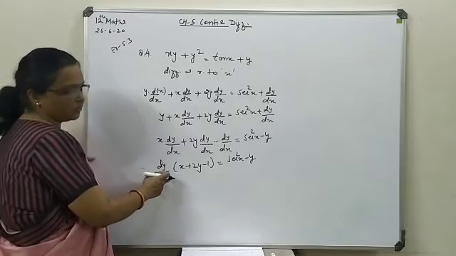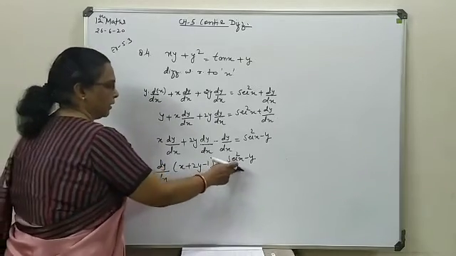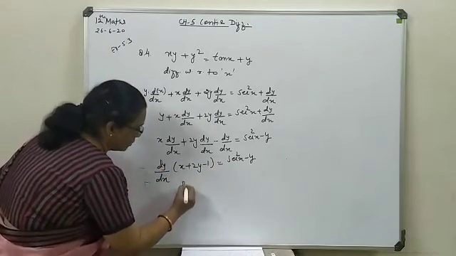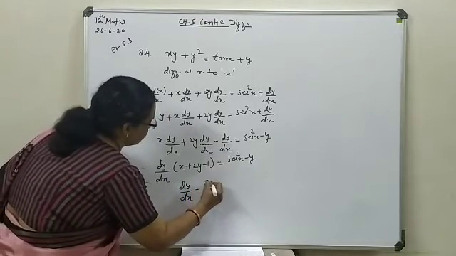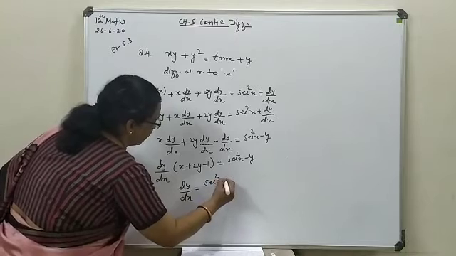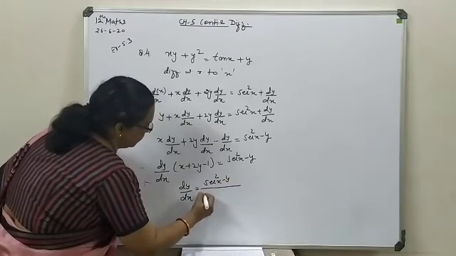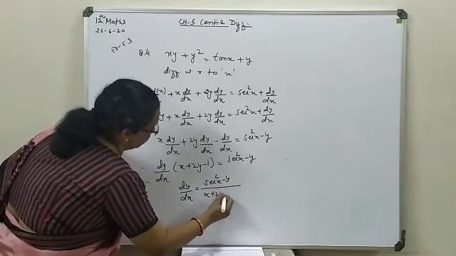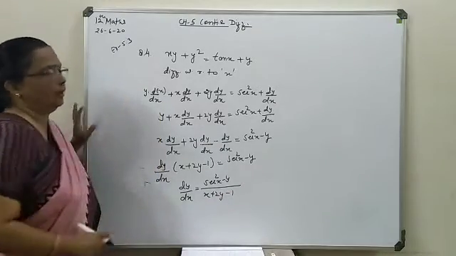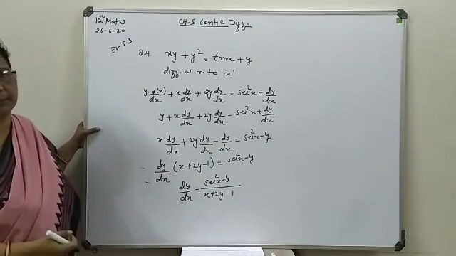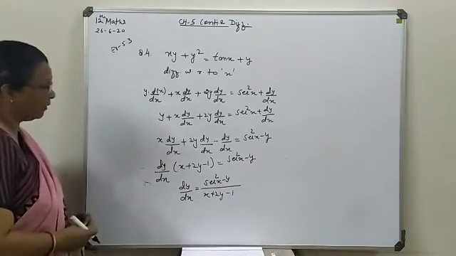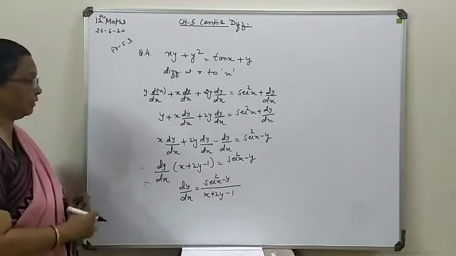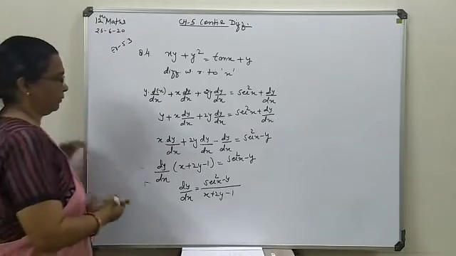Now dy by dx is to be separated out, so this term you can take as a denominator. So here dy by dx will be sec square x minus y upon x plus 2y minus 1. So this way this type of question is to be handled. We look at one more combination of this category, that is question number 7.